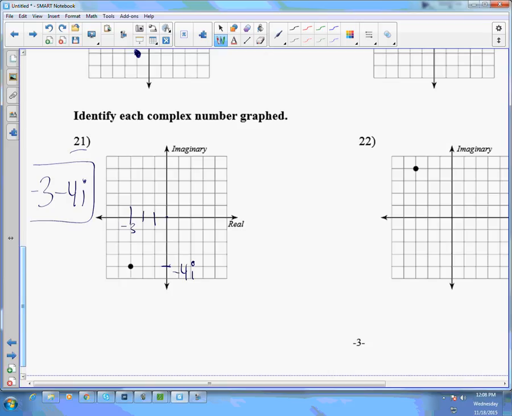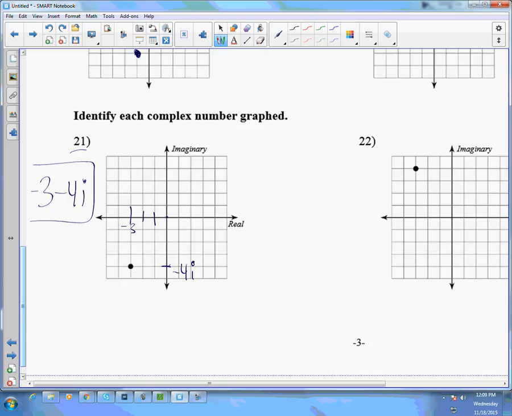These are reversed. First you move left, then you move up. And the real part comes first. No comma, just plus or minus. Since you moved up, is it plus or is it minus? We move up, it's plus. Gotta make sure there's a negative sign as well.